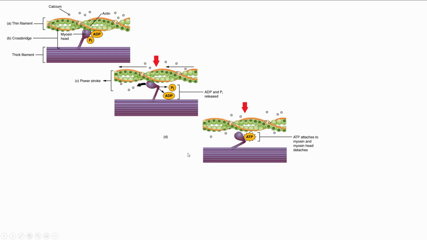Once that's completed, the ATP, adenosine triphosphate molecule, will come in and attach to the myosin head. The myosin head will then release from the thin filament. Now again, in reality, you're going to have multiple myosin heads all attaching at different points.